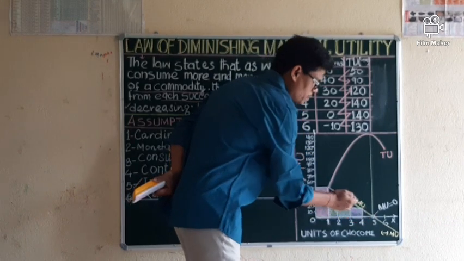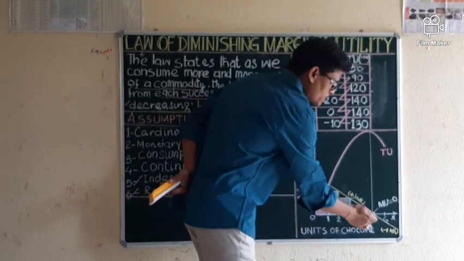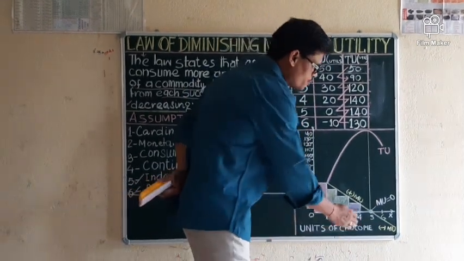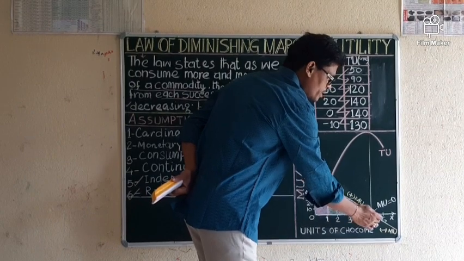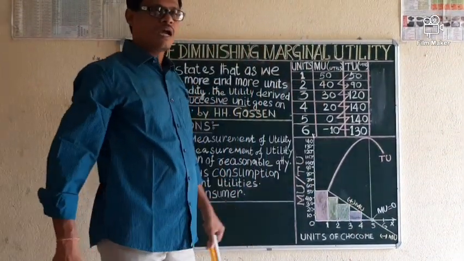Before this point, marginal utility is positive and falling. After this point, marginal utility is falling and negative. But a rational consumer will not go beyond the fifth unit of consumption, because here we have negative utilities.